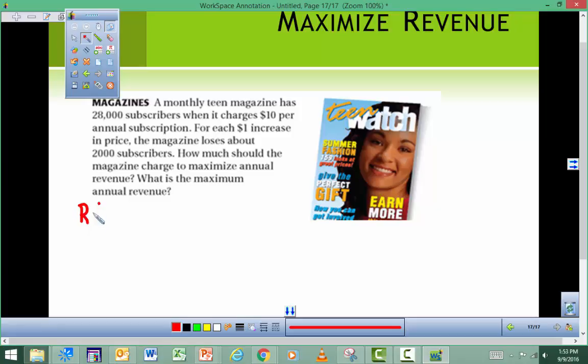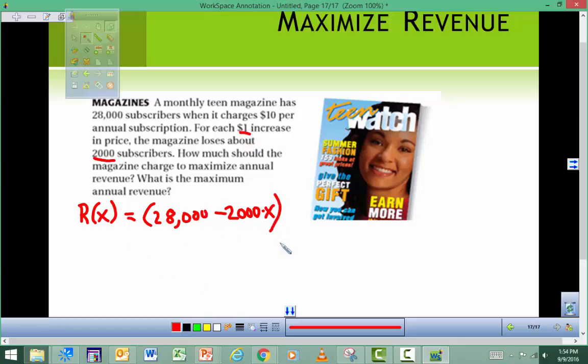So I think the revenue becomes this. We lose 2,000 each time, right? So the number starts off with 28,000, and we lose 2,000 times whatever x is, every time you increase the price by $1. And what is the price now?